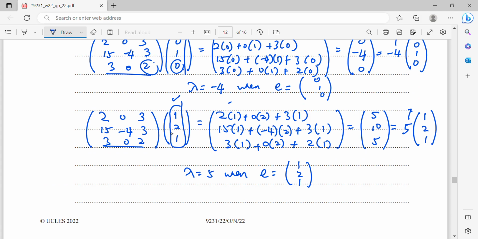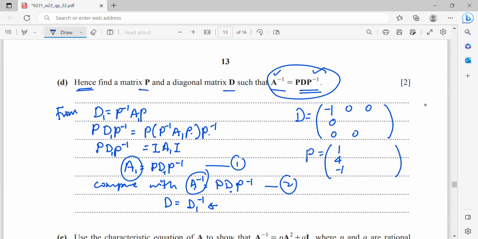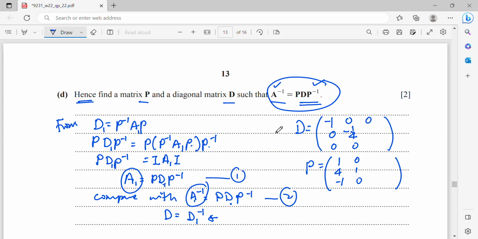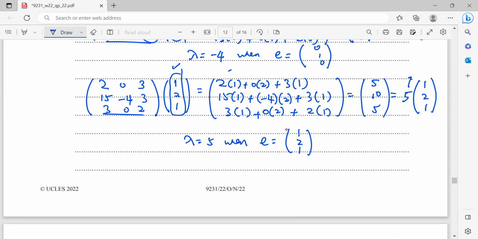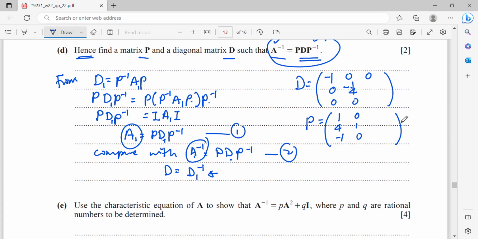Since we are taking the inverse of -4, it becomes -1 over 4, and the eigenvector is 0, 1, 0. And lastly, my third lambda is 5. So when I take the inverse of 5, it will be 1 over 5, and the eigenvector is 1, 2, 1. So this is how we get the D and P matrices.